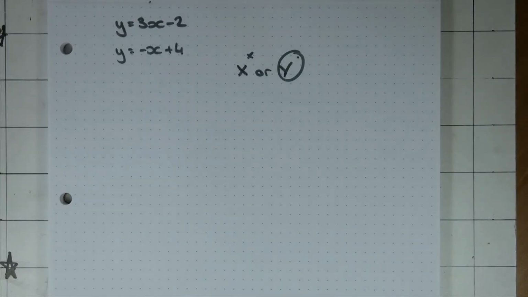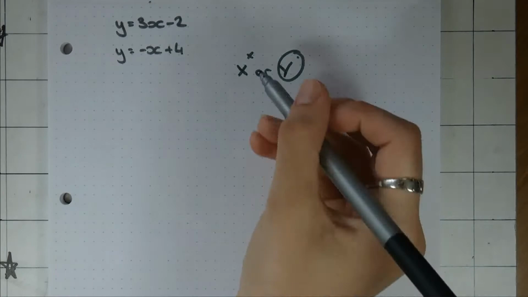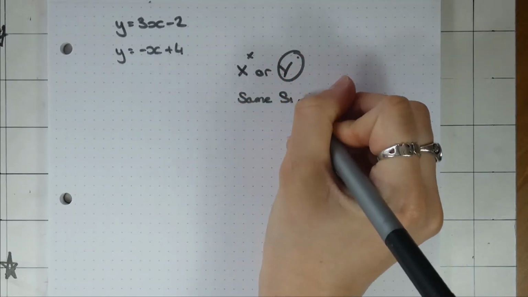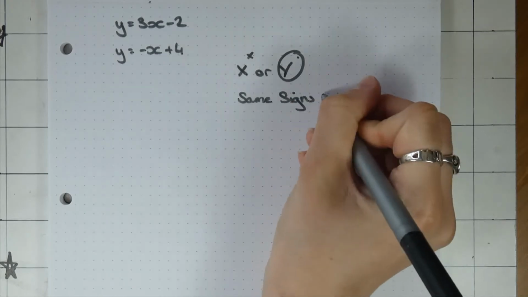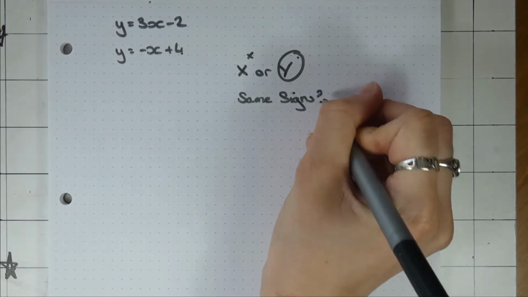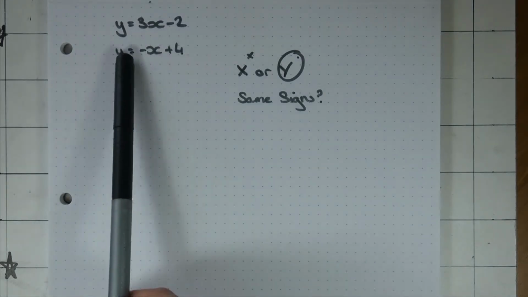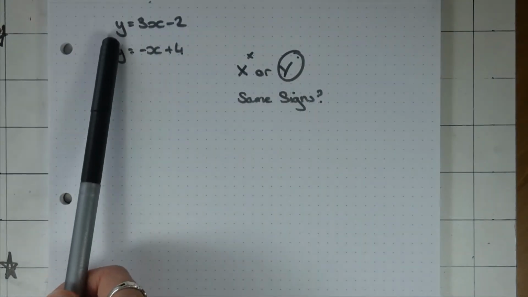The second thing you ask yourself is same signs. Once we've found either x or y, we have to look and ask if they have the same sign in front of them. So, y was the same.